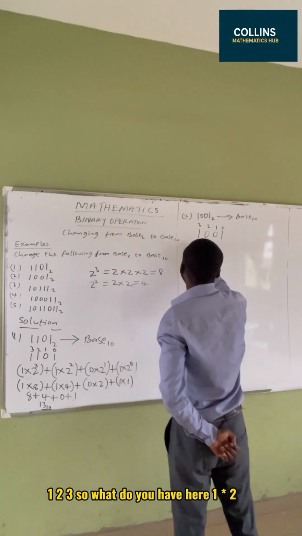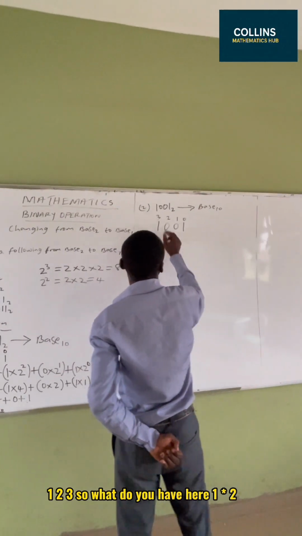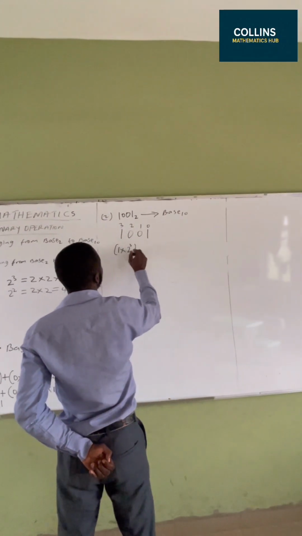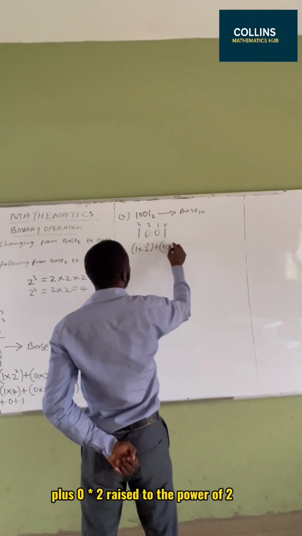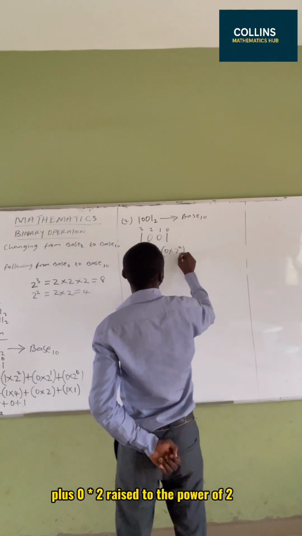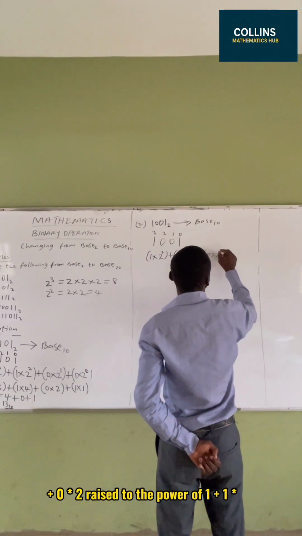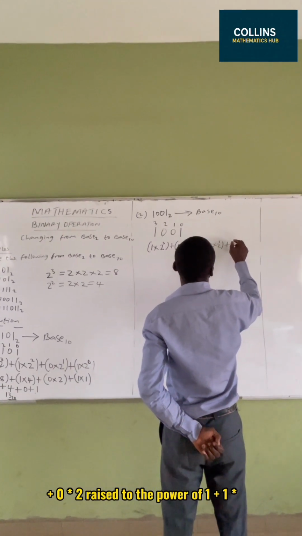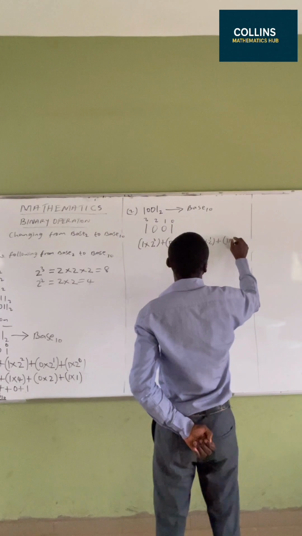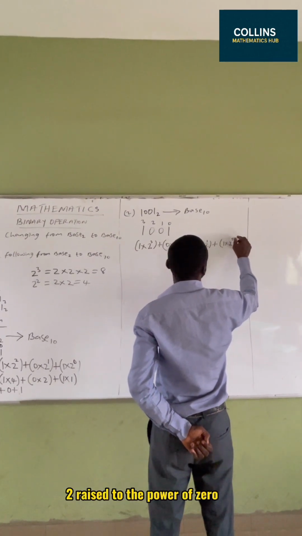You raise them to power, starting from power of 0, 1, 2, 3. So what do you have here? 1 times 2 raised to the power of 3 plus 0 times 2 raised to the power of 2 plus 0 times 2 raised to the power of 1 plus 1 times 2 raised to the power of 0.